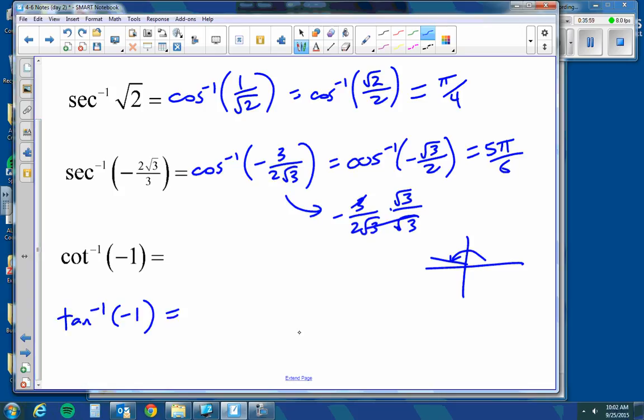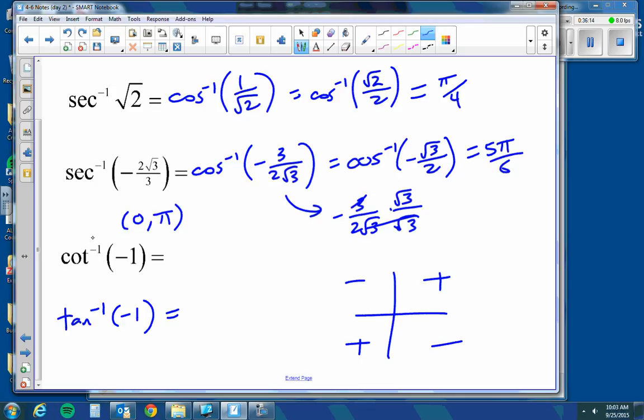Okay? And listen, tangent and cotangent go positive, negative. They're both 1 right in the middle of every quadrant, or negative 1. So cotangent is the one that goes 0 to pi, just like cosine. So right in the middle of the second quadrant is 3 pi over 4.